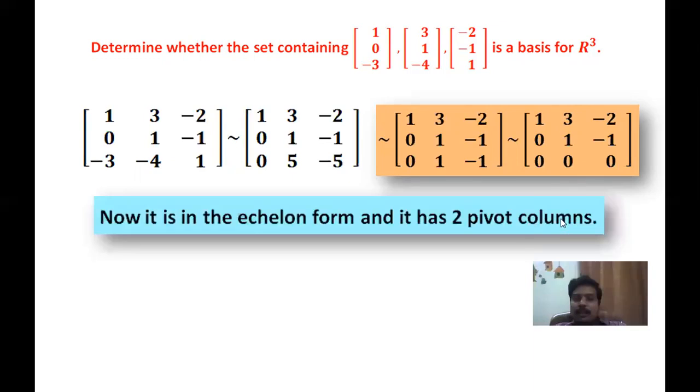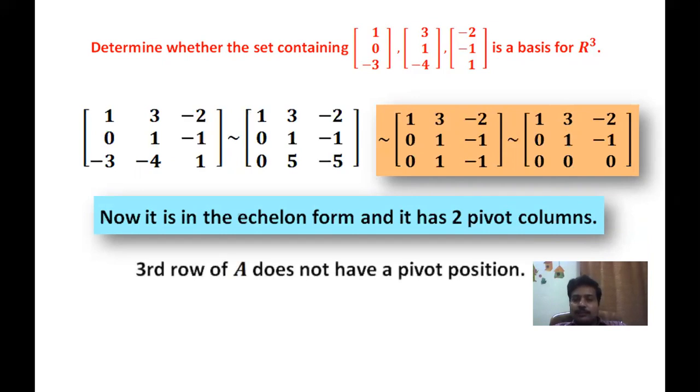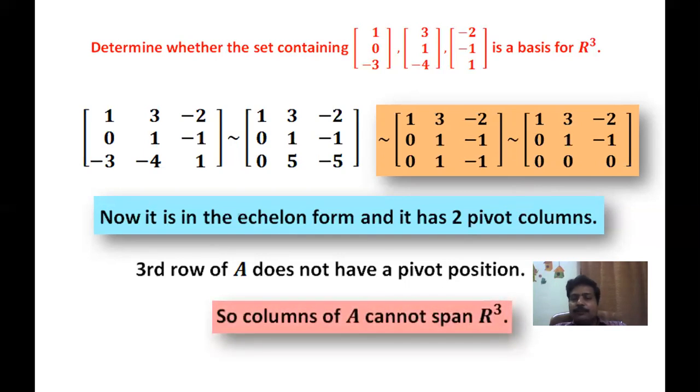Now it is in echelon form, and it has two pivot columns, 1 and 2. The first two columns are pivot columns. The third column is not a pivot column. And further you can observe that the third row does not have a pivot position, and the third column is also not a pivot column.